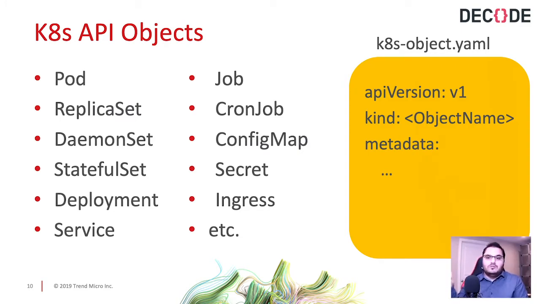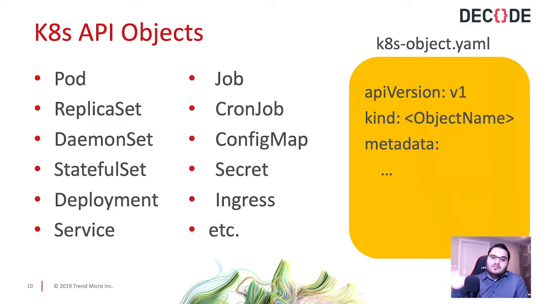We're not going to go into each one of those in this talk because we don't have time. But basically, as you can see, it's a YAML manifest here on the right. It's a manifest that you can tell the API server to create that object on a specific namespace that you want, and it's going to create that for you, right?